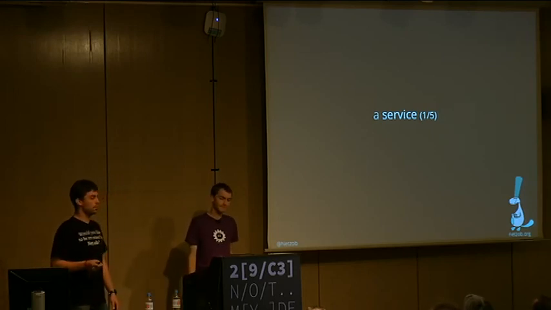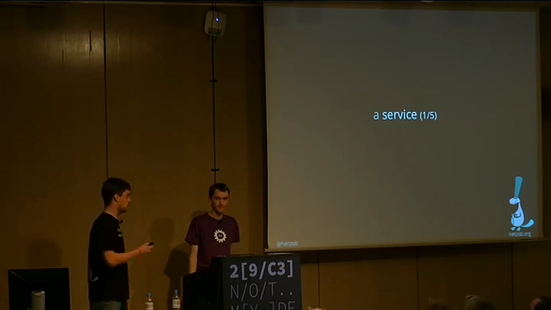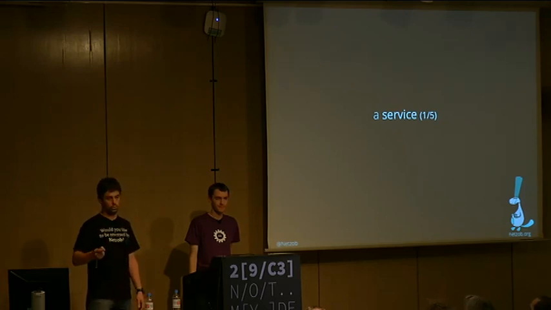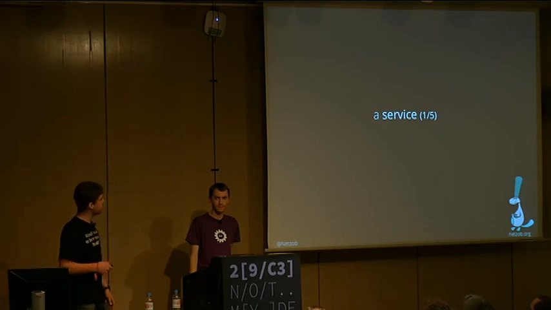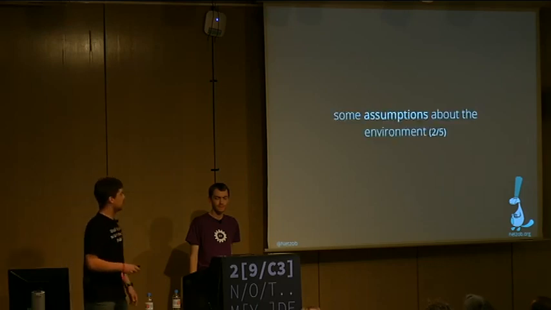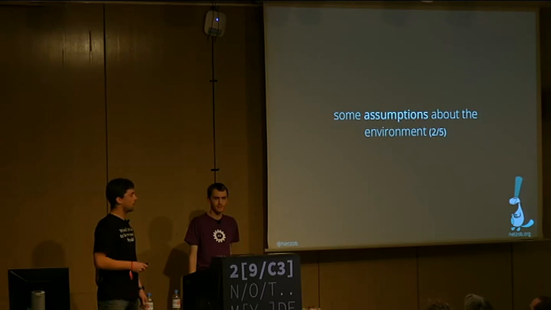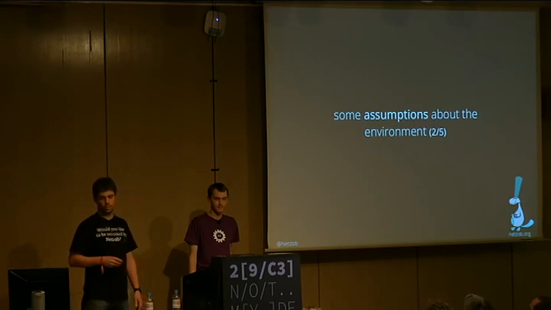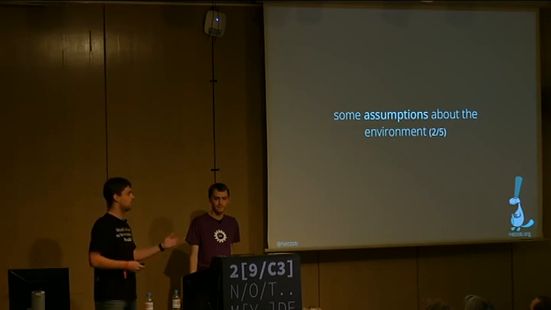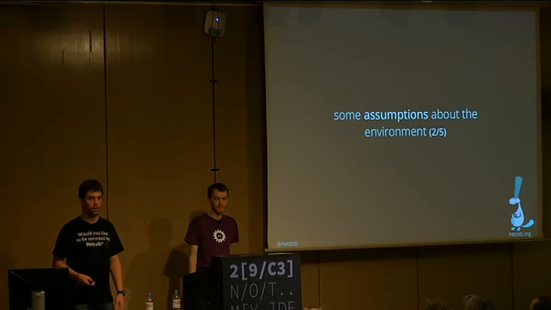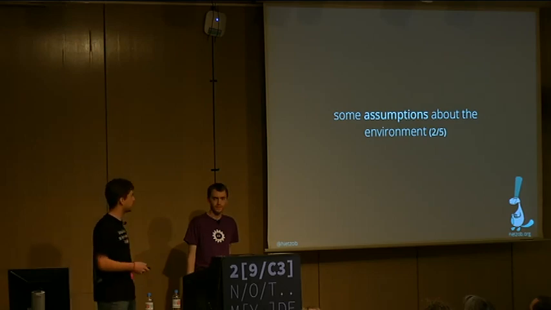A protocol is defined with a service, meaning each protocol has been created for a special purpose, a special objective. This model also includes some assumptions on the environment. When you create a protocol, you create it for IP encapsulation, for example, or for wireless communications, so you have some assumptions on the environment.